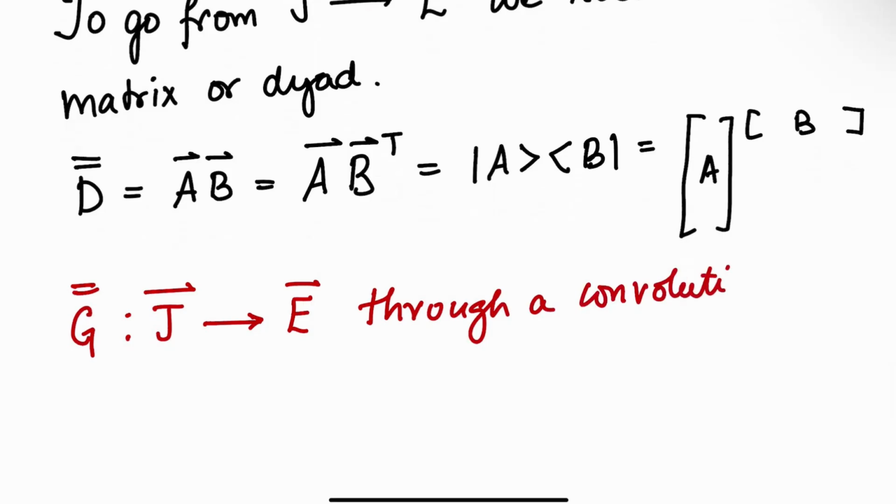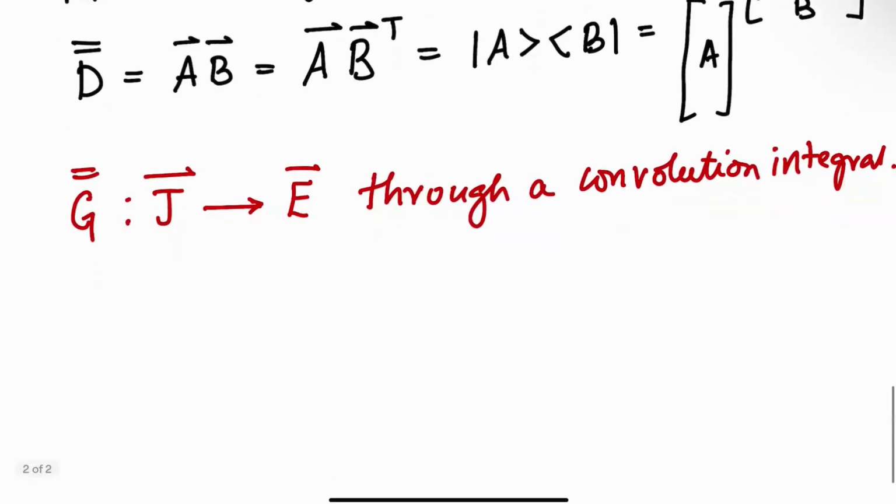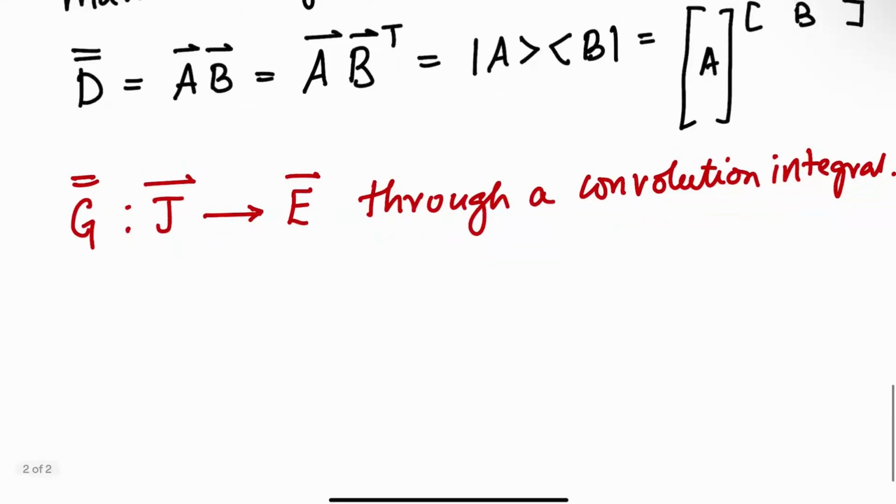And this is what we saw for the scalar Green's function as well. The scalar Green's function took you from current, or charge distribution, to potential using a convolution integral. That was the idea behind the Green's functions.